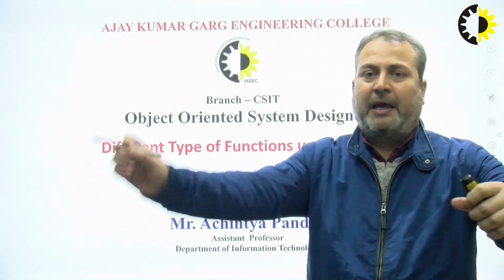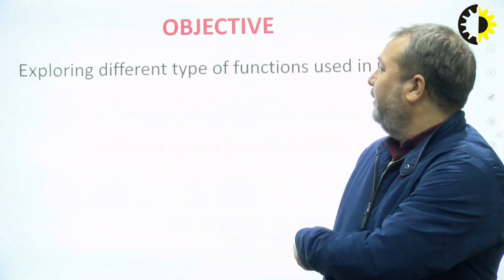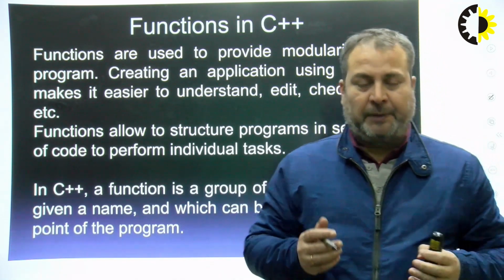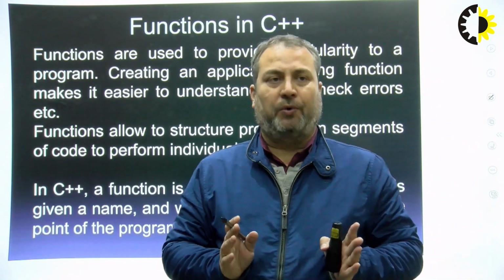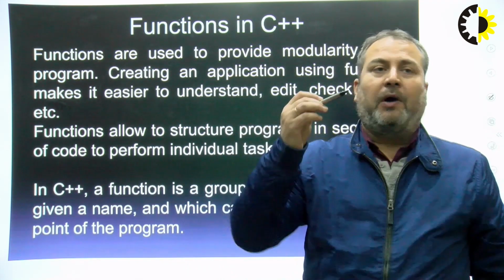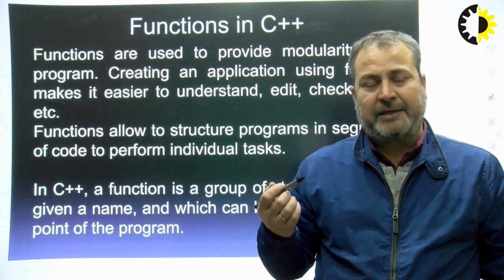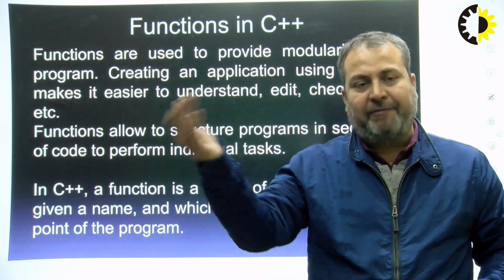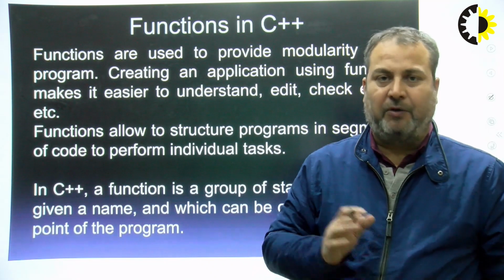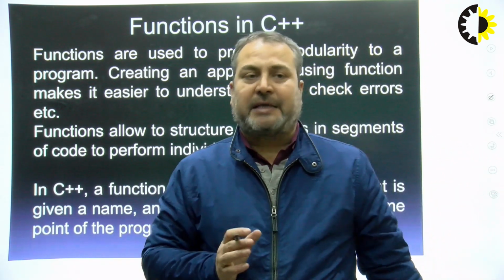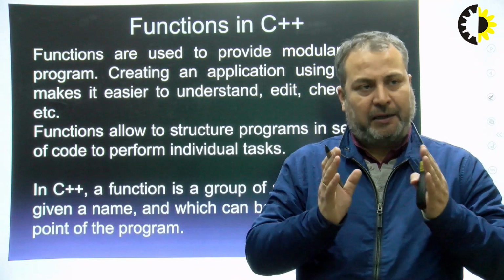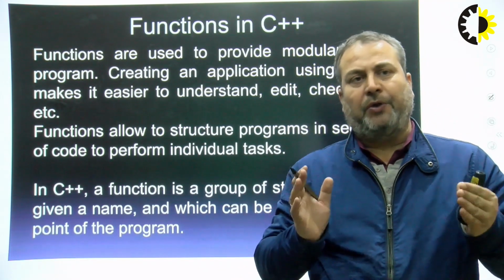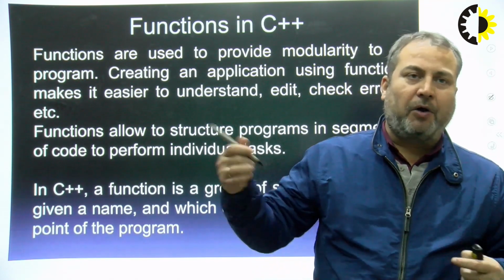So why do we require functions? Suppose you want to execute some code at many places. One way is to write that code at all the different places where you want to run it. The second way is to put that portion of code in a function, and whenever you want to execute that code, you simply call that function.